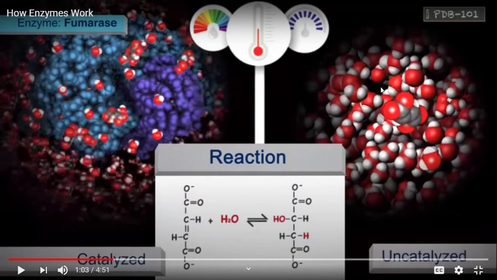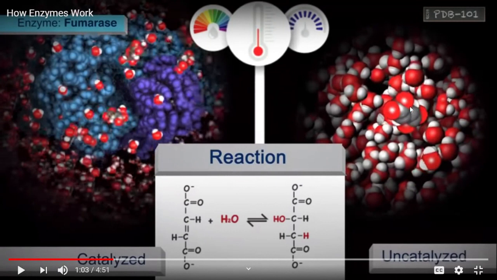Over here on the right side is the uncatalyzed reaction. There's no blue-green enzyme over here. There's no active site for this sugar. Here it is right here, and there's a bunch of water molecules behind it. The only way it's going to react is spontaneously, if there's enough energy or heat around it for things to bump into it just the right way, for it to change into whatever else it can change into.